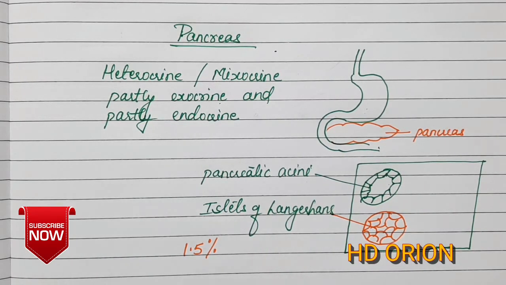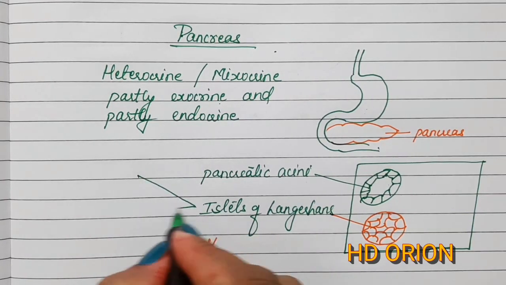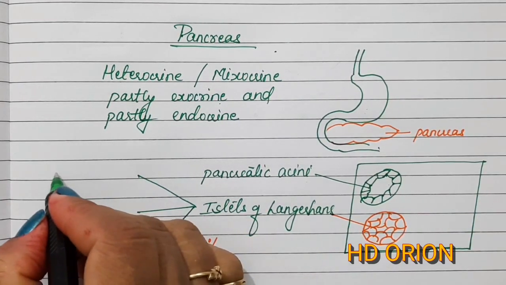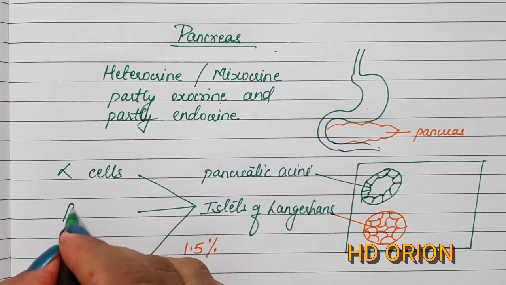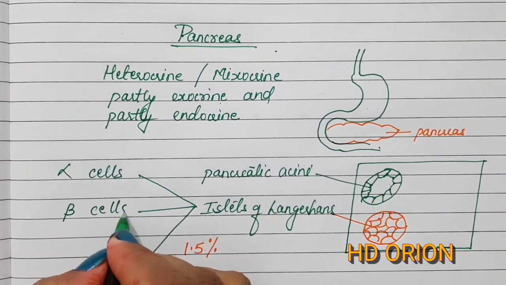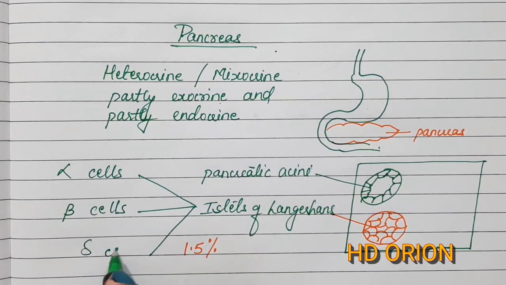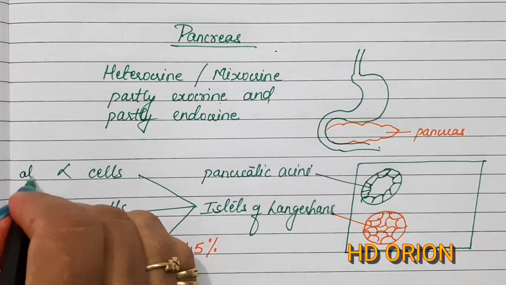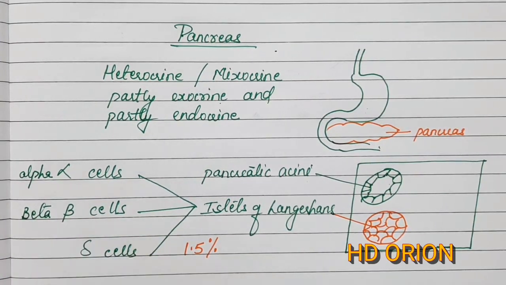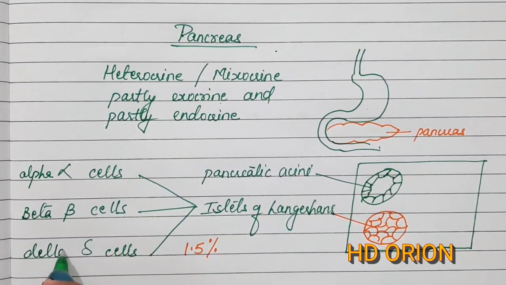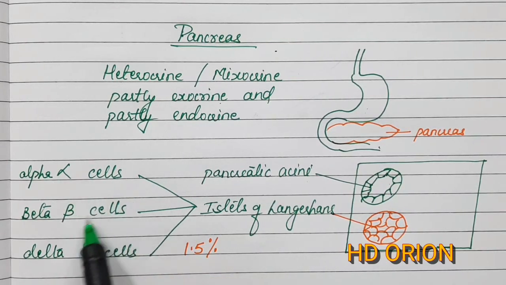Now islets of Langerhans are made up of three types of cells: alpha cells, beta cells, delta cells. Alpha cells, beta cells, and the delta cells are named differently because all the cells secrete different types of hormones.